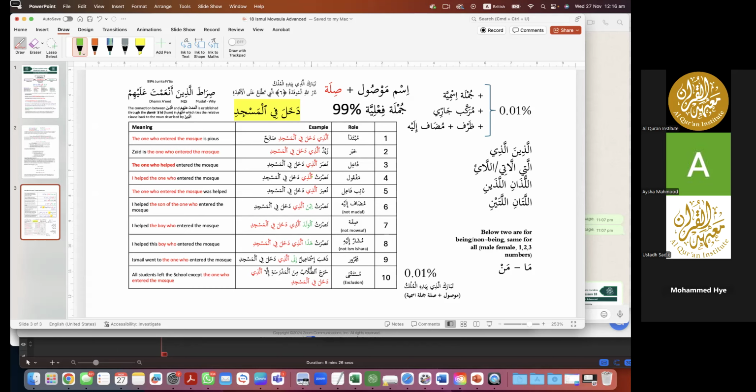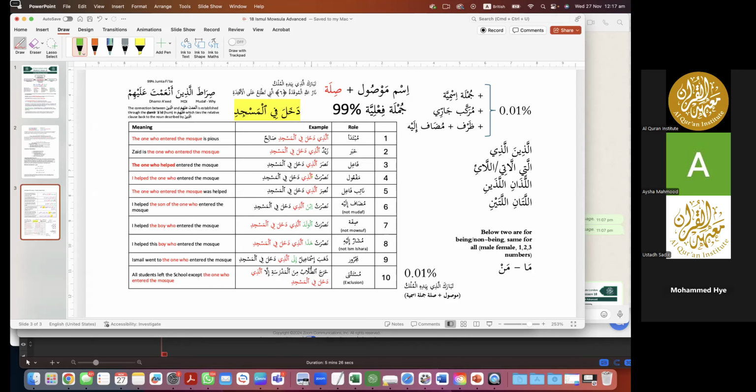In 99% of situations, Silatul Mawsul will be Jumlatul Fi'liya. Ismul Mawsul will have Silatul Mawsul, and Silatul Mawsul will be Jumlatul Fi'liya, 99%. Any surah, any Quranic verse you read tomorrow, just keep your eye open and you'll see.